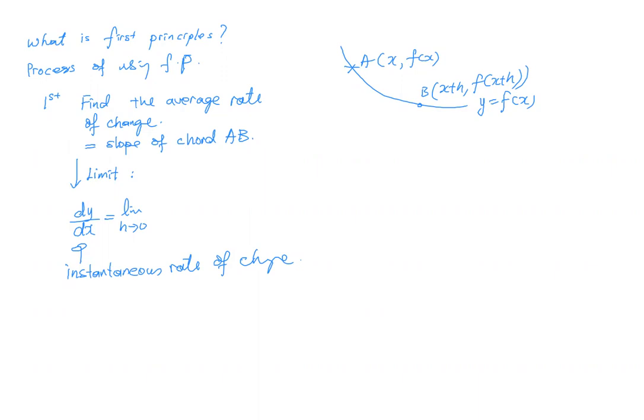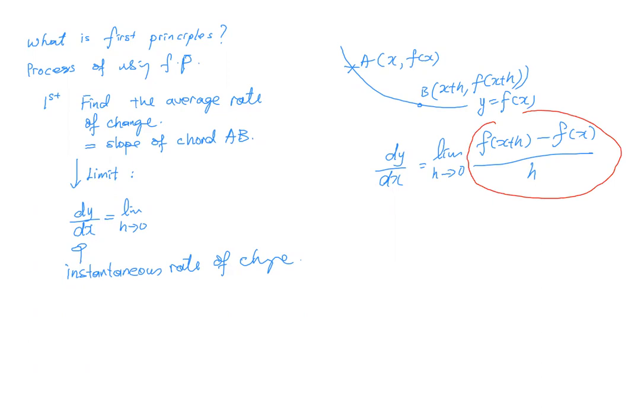So we have this formula: limit h tends towards 0, f(x plus h) minus f(x) divided by h. They can ask you, what does this represent? This represents the slope of the curve.